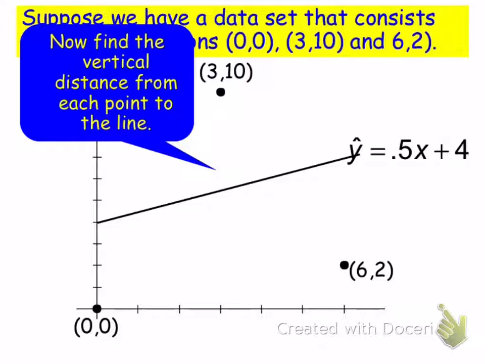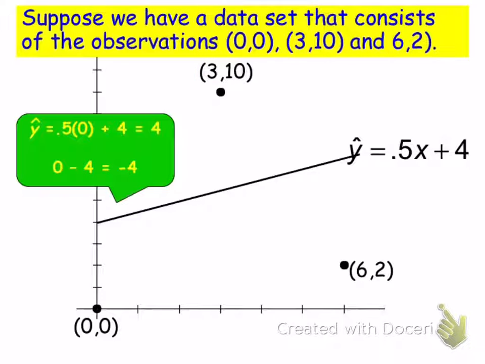So now we want to find the vertical distance from each point to the line. What I would do is plug each x value into the LSRL, and that's going to get me a predicted point. For instance, if I wanted to find the vertical distance from 0, 0, here is my point.